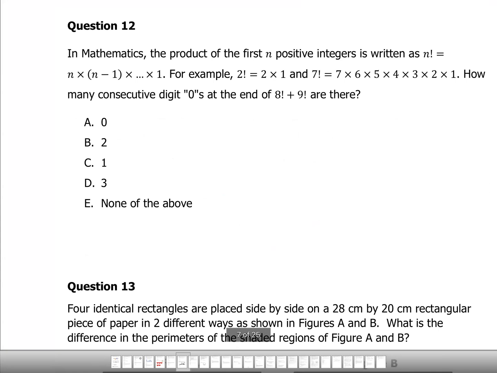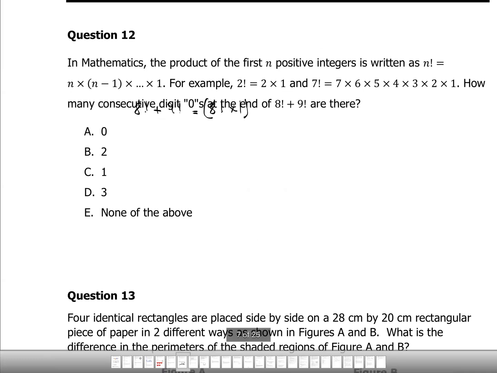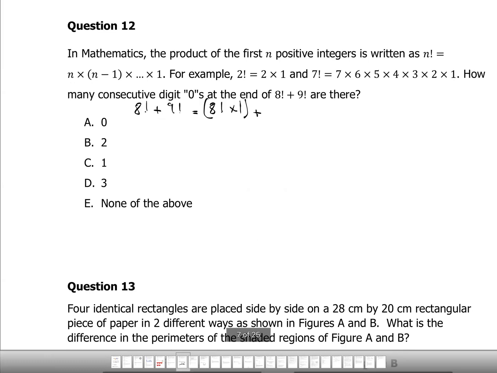So to give them the answer, 8 factorial plus 9 factorial equals 8 factorial times 1 plus 8 factorial times 9, as 9 factorial is 9 times 8, 7, 6, 5, 4, 3, 2, 1. 8 factorial is 8 times 7, 6, 5, 4, 3, 2, 1.